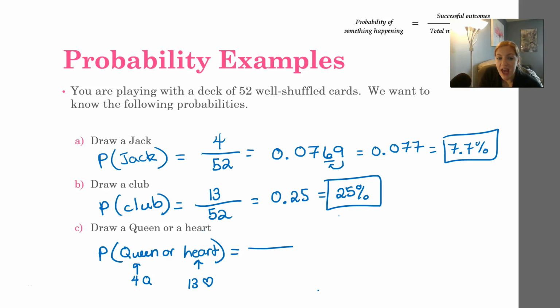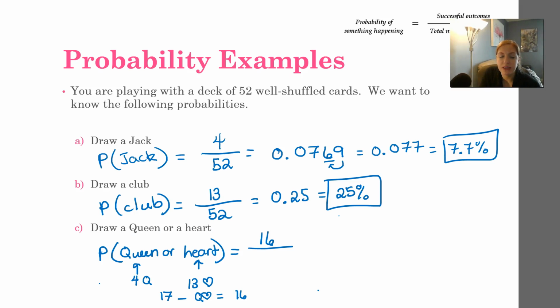But if we add this together, we're actually double counting a card. Which card are we double counting? The Queen of Hearts, because it's in both sets. So if I add these together, that's going to give us 17. But we need to subtract off one of those Queen of Hearts because we double count it, which would leave us with 16 total possibilities.